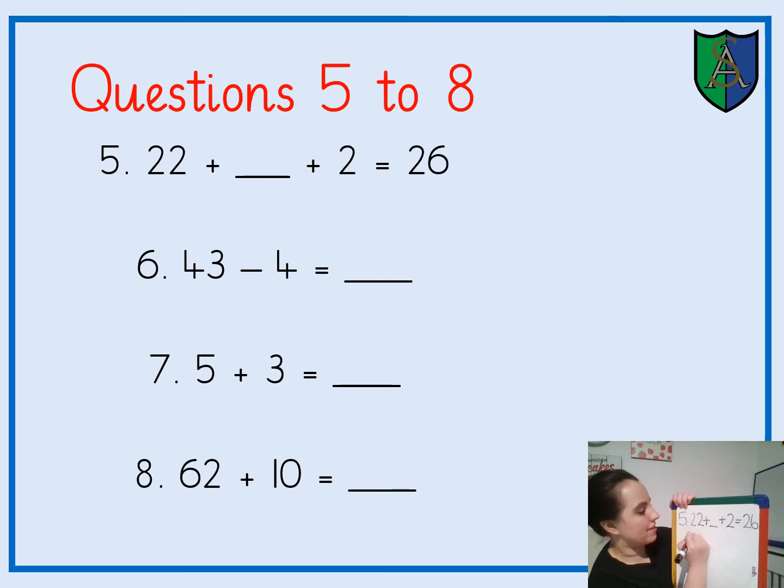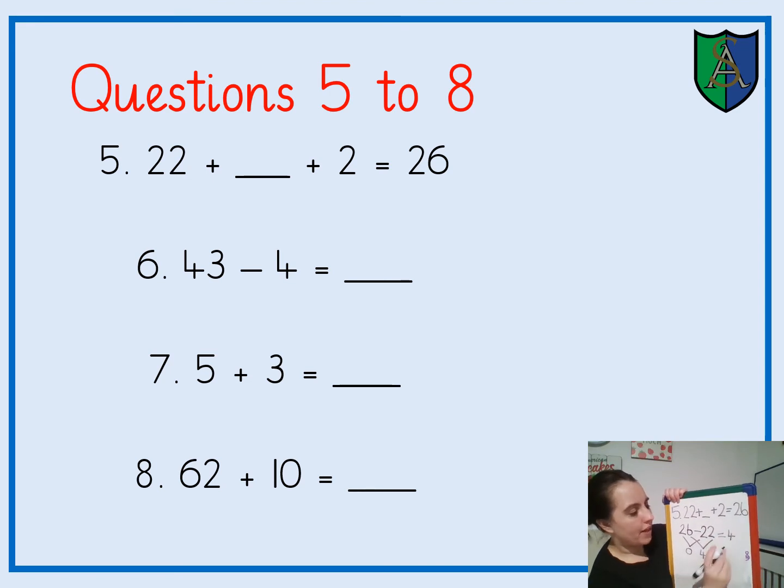And what I'm going to do is I'm going to do some rearranging of the calculation. I'm going to do 26 take away 22. Okay, I'm going to do that first using my triangle method. Okay, so 20 take away 20 is 0, and 6 take away 2 is 4. So my answer is 4 there.